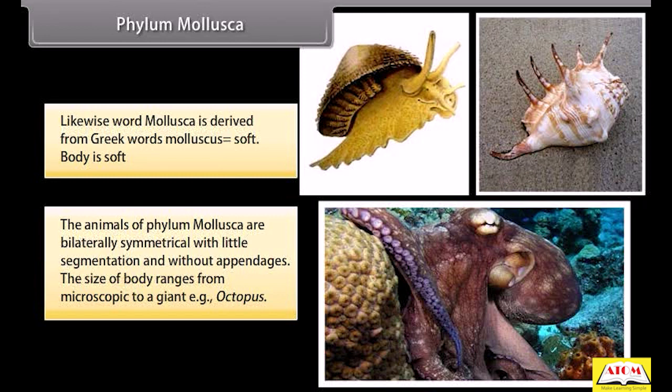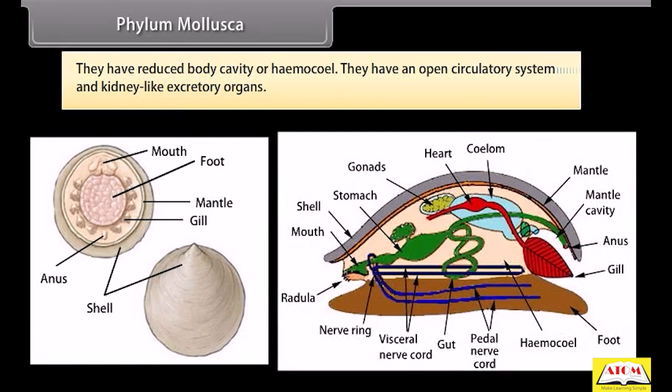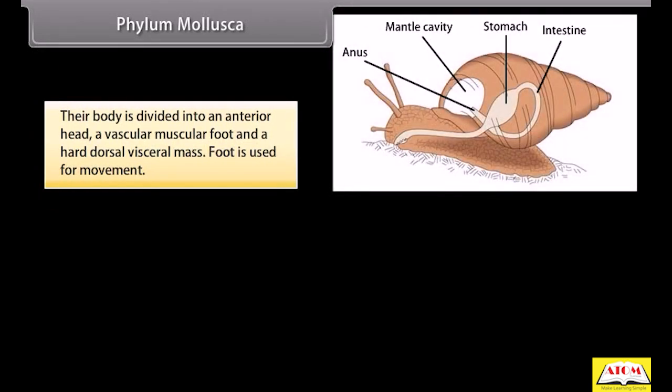The size of body ranges from microscopic to a giant, that is, octopus. They have reduced body cavity or hemocoel. They have an open circulatory system and kidney-like excretory organs. Their body is divided into an anterior head, a ventral muscular foot, and a hard dorsal visceral mass.